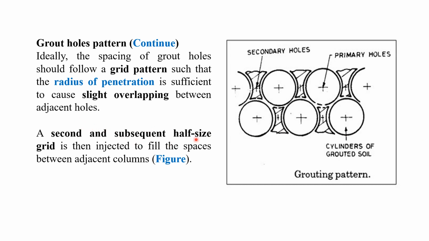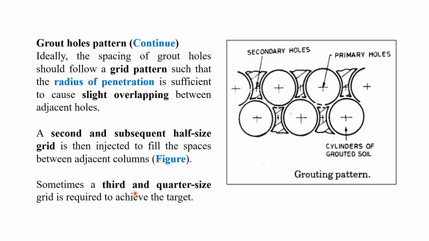A second and subsequent half size grid is then injected to fill the spaces between the adjacent grout. So this is the primary holes, and whatever spaces remain in between these two holes, those are called secondary holes, which can also be grouted later on.